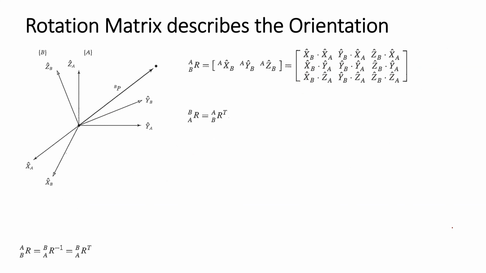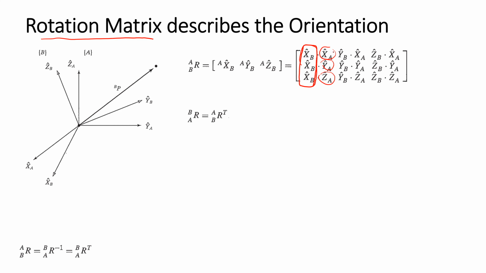How about the rotation matrix to describe the orientation? I already gave you an idea that we need to give the information of how the x axis of the B frame makes with the x axis, with the y axis, and with the z axis of the A frame.